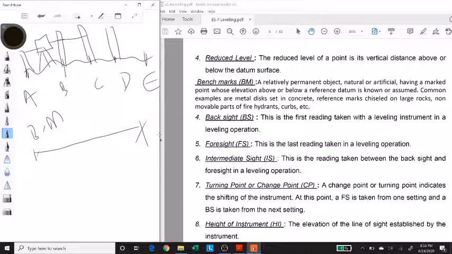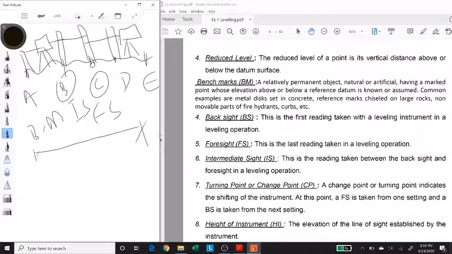So in that case, the reading at the point C would become my foresight and the one at B was my intersight. Now I change the location of my instrument. I bring my instrument over here. Now, when I bring my instrument over here, the first reading that I have to take is on a point whose reduced level is known, on a benchmark. So let's say I take it at the point C.